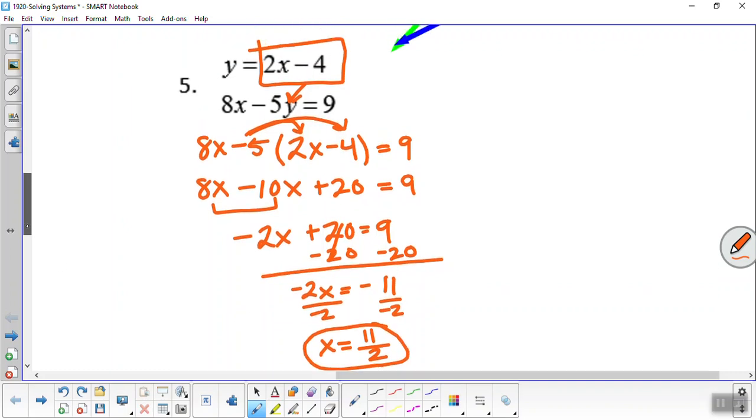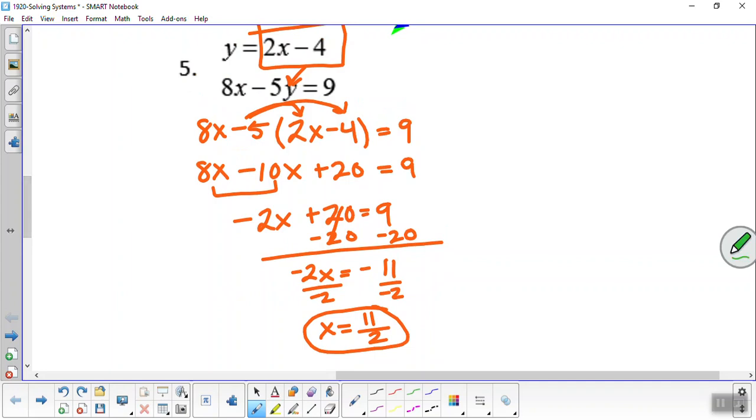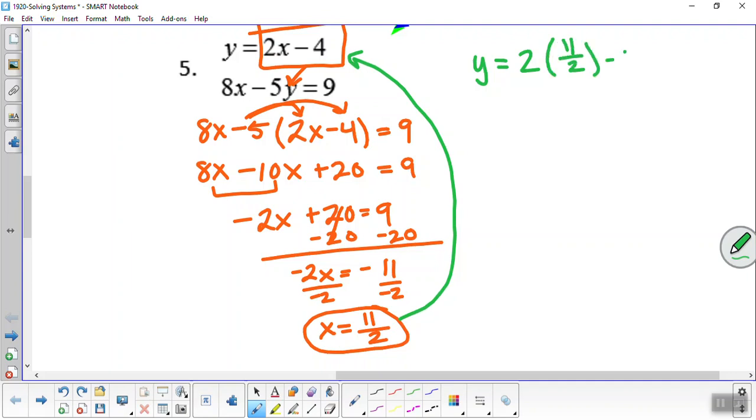Now I need to take that x I just solved for. I'm going to plug it back into my box to figure out what y is. So y equals 2 times 11 over 2 minus 4. Well, remember, anytime we multiply a fraction by the bottom number, they cancel out.